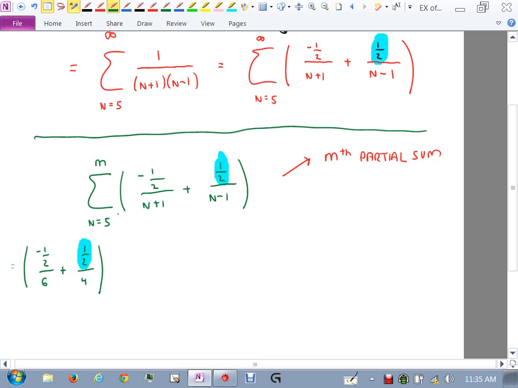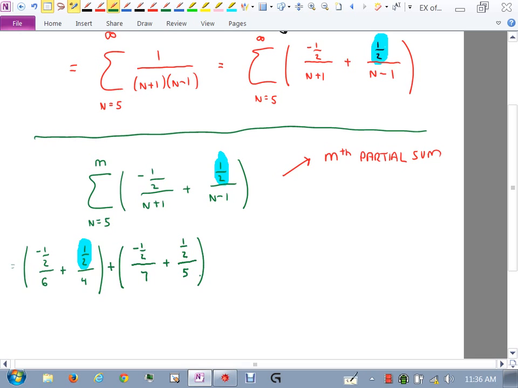Okay. So now, what would my next term look like? Now I'm plugging in 6. So -1/2 over 7, and then plus 1/2 over 5. Okay, did anything collapse or cancel here? No, not yet, right? I don't even care about the numerators too much.